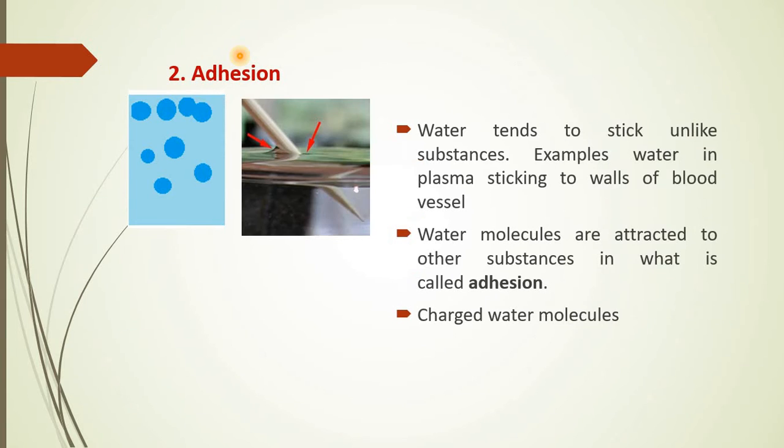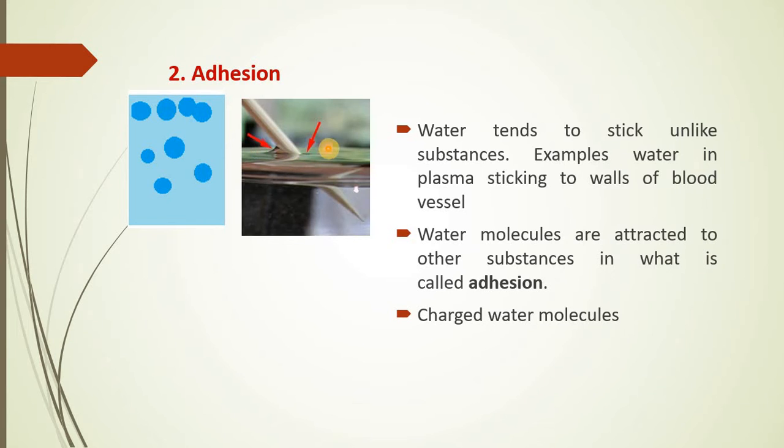The next property is adhesion. In the case of adhesion, you have to remember that there is a tendency of the water to stick to any other component which is immersed in it or which comes in contact with it. That means here in the diagram you can see a pin which is in contact with the water.